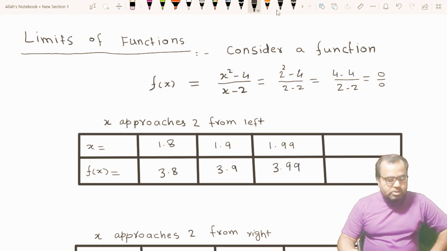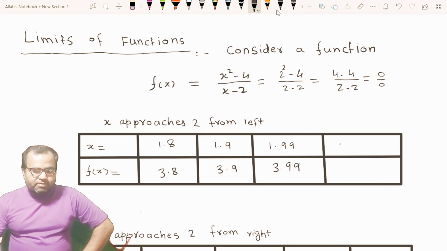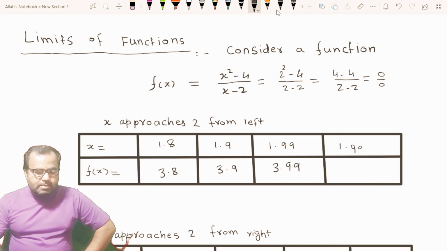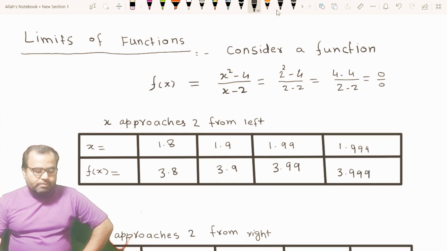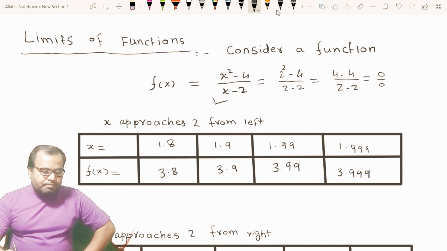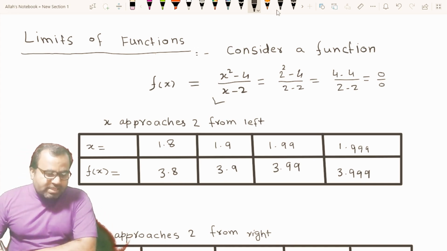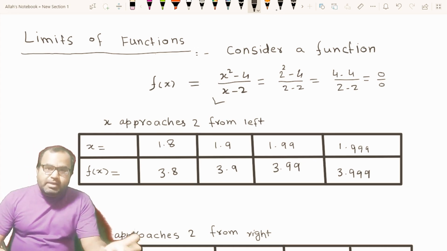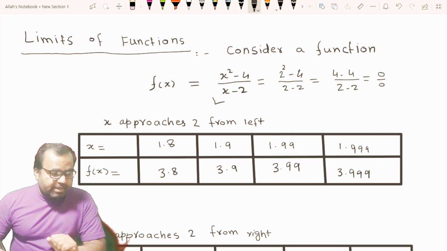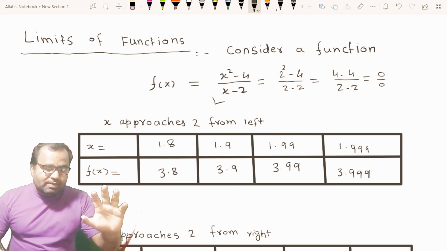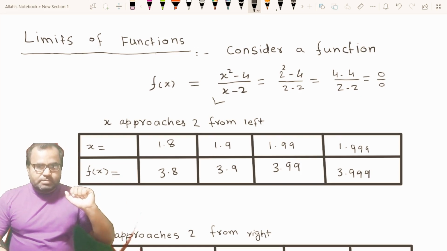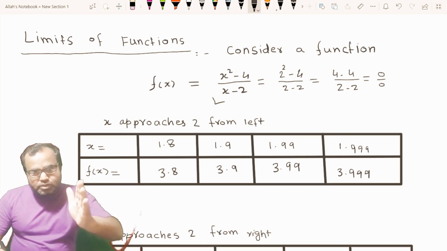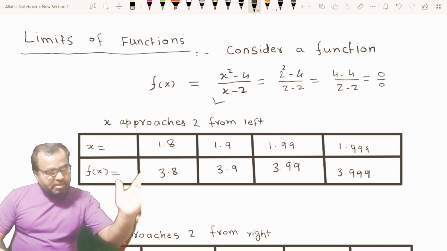And if I put 1.999, then we will get 3.999. These values, 1.8, 1.9, 1.99 and 1.999, are from the left of 2. They are approaching 2, very close to 2, but from the left.